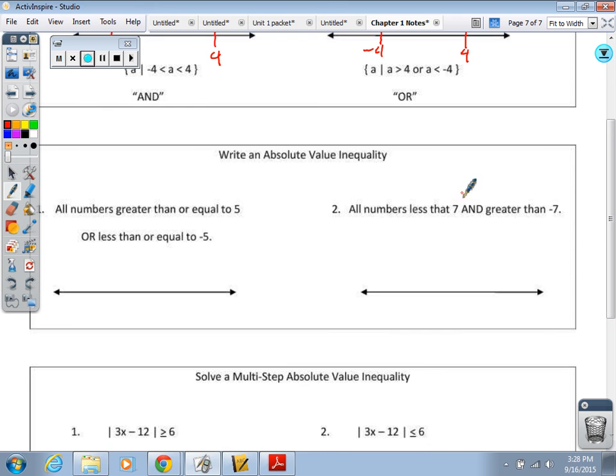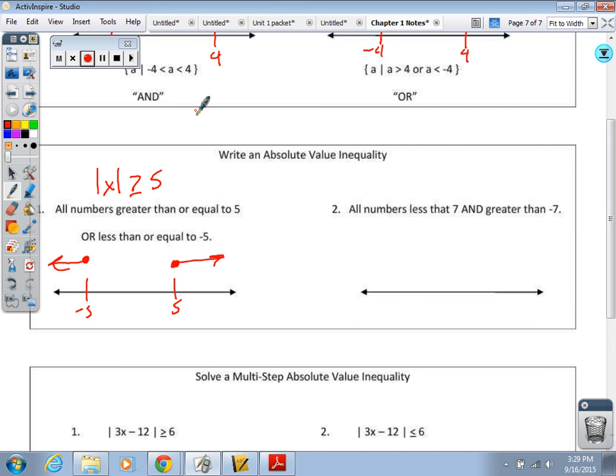So we want the absolute value of x is greater than 5. Okay, and then remember how we're going to have negative 5 and positive 5 and, oh, greater than or equal to. Sorry, we need that. So this is going to go that way, and this one's going to go that way.